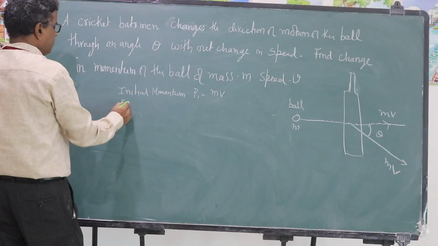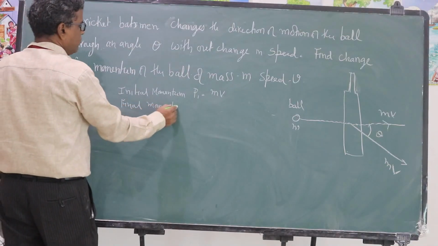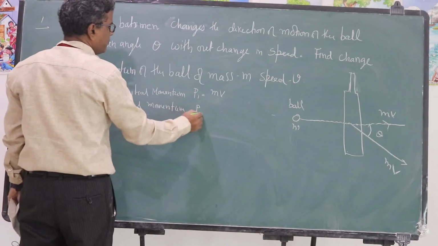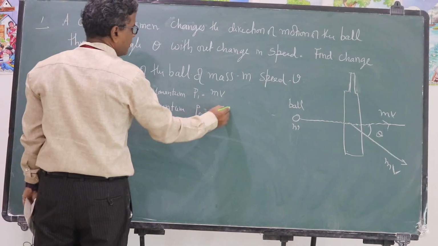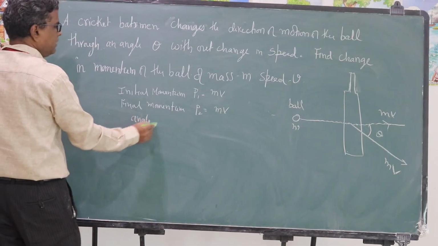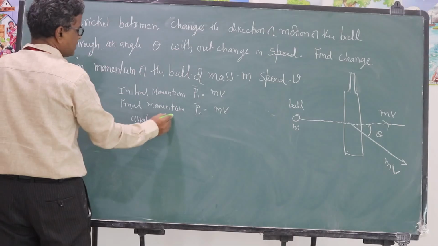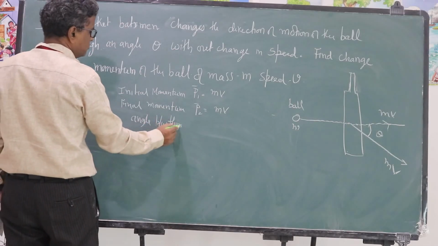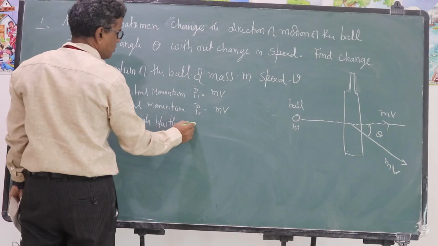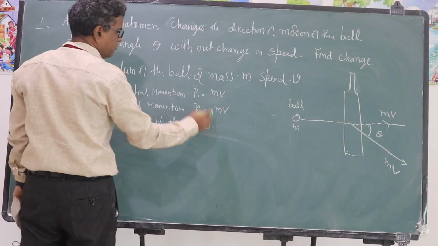The final momentum is P2, that is also mv. What is the angle between them? Momentum is a vector quantity. The angle between P1 and P2, let it be theta.